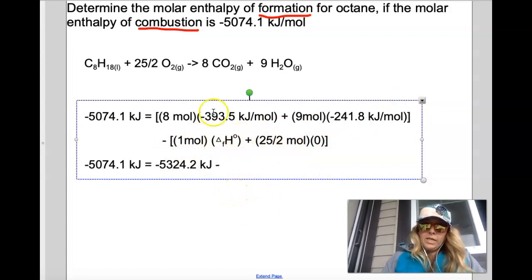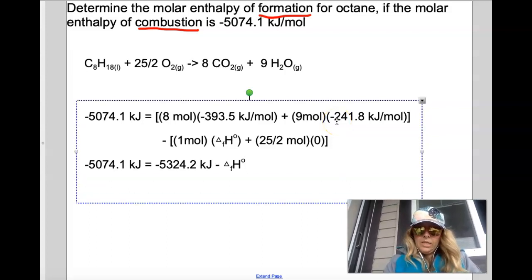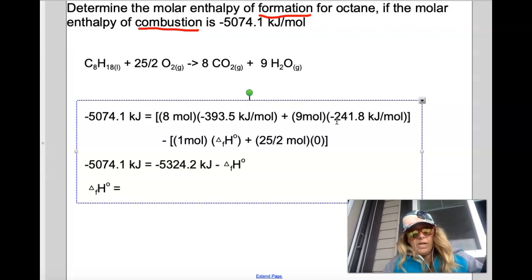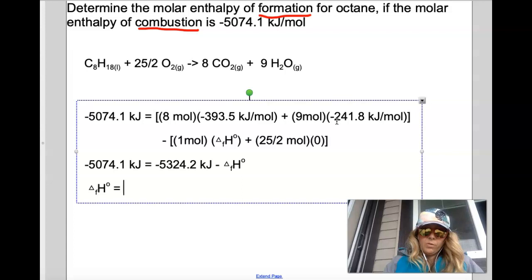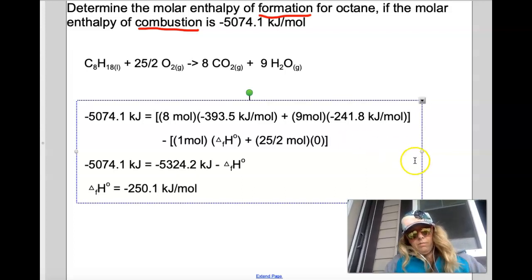So we're just going to have minus this. We need to solve for this because currently it's minus. We're going to switch it to this side, which means this is going to move over to that side. Once we do that, we should be able to determine what this is by doing negative 5,324.2 plus 5,074.1, which gives us negative 250.1 kilojoules, and that would be per mole.